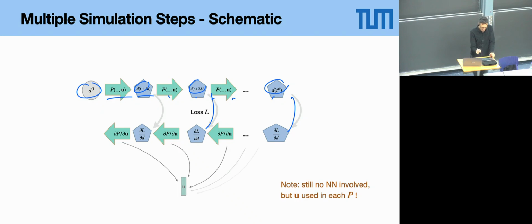And one important thing now to keep in mind is that we still don't have any neural network, but potentially in line with involving networks later on, we now have each of these terms over time that influences the velocity, right? So each of these steps, the green arrows with the P up there, uses the U. So if we now backprop through them, we get a contribution. We get a gradient here.